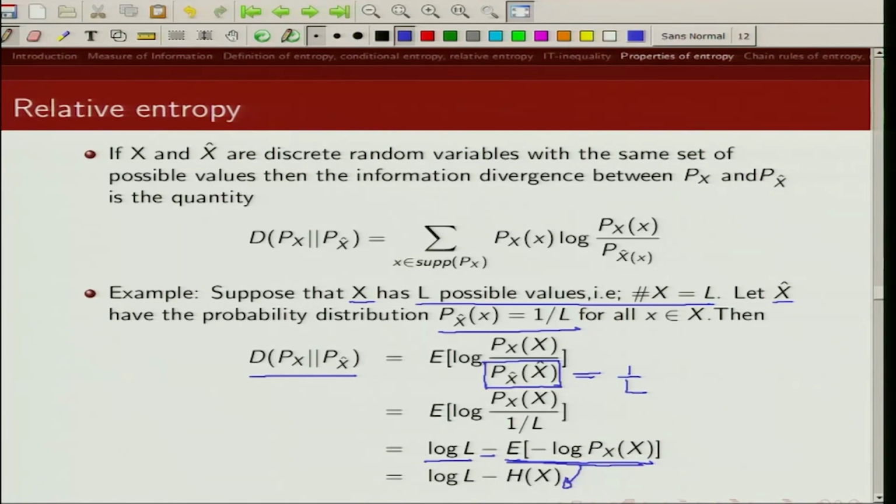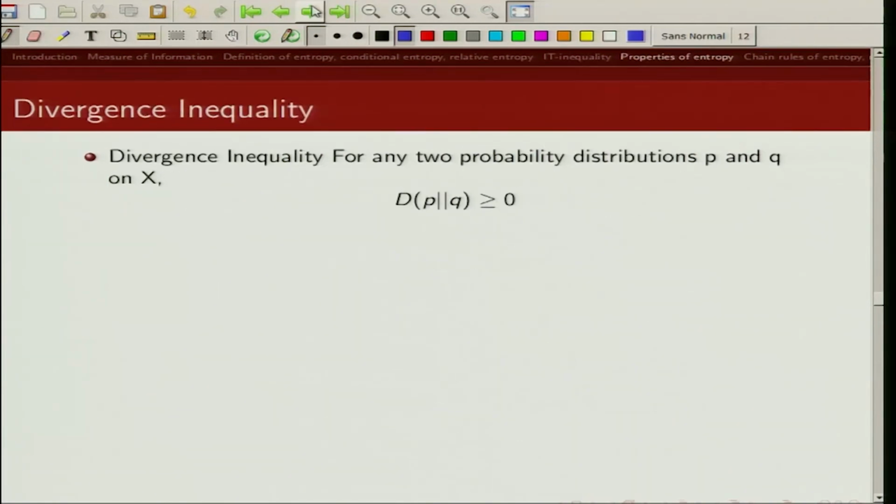I can write down the divergence between p of x and p of x hat is equal to log of L minus H of x for this particular random variable x and x hat. Now divergence between any two probability distributions p and q is always greater than or equal to 0.